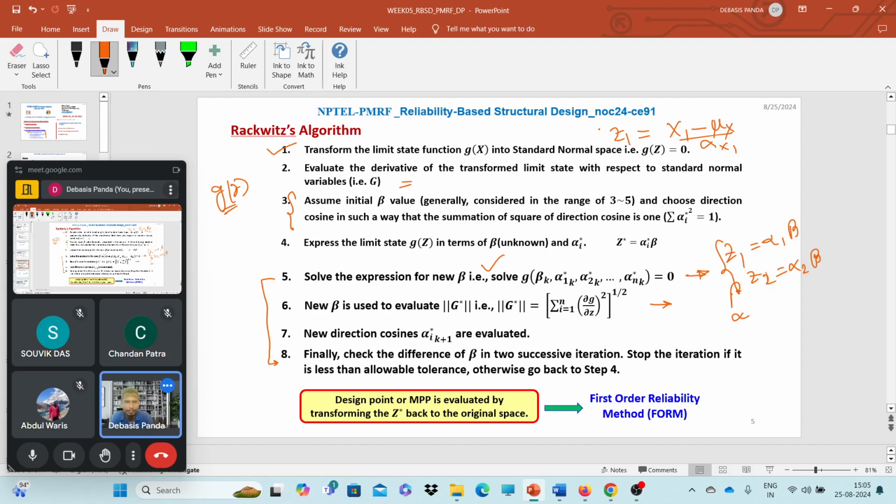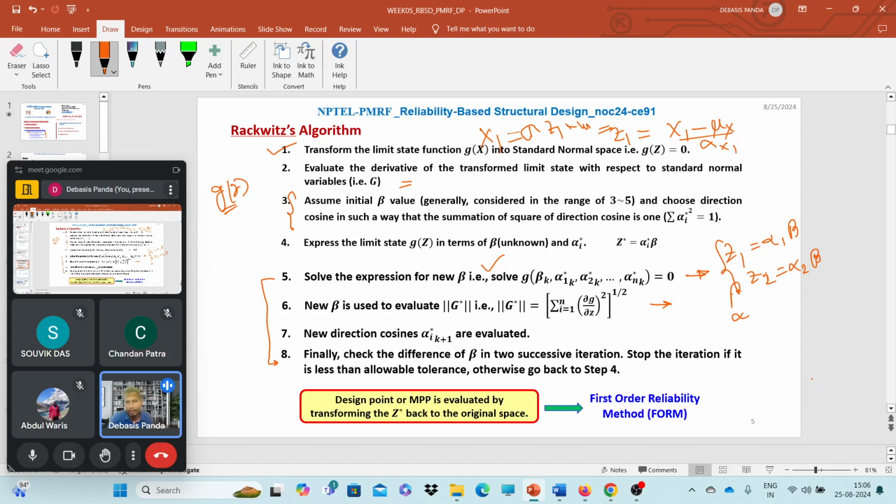Here we converted into standard normal space; now we can easily find x1 equals sigma into z1 plus mu1. In this way, we can convert back into our original domain, and we will get the final design points with respect to the probability of failure and that beta value.